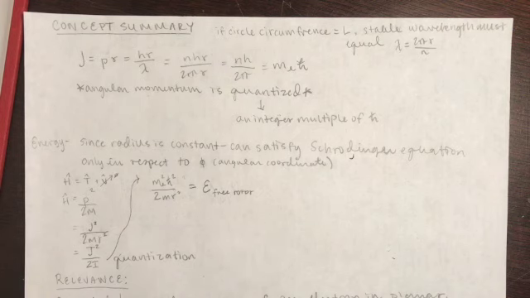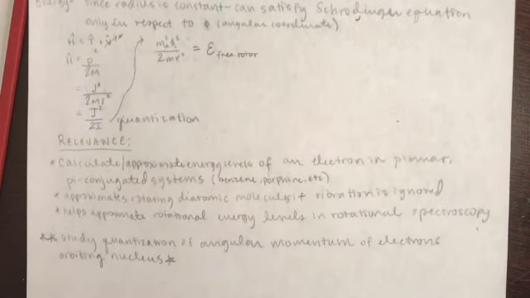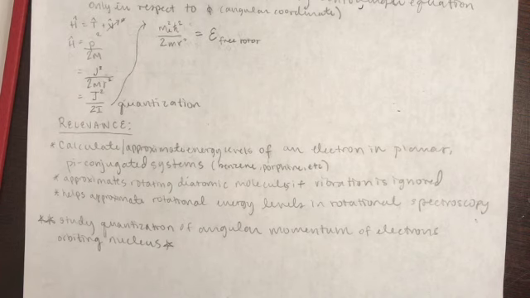This can also help us approximate rotational energy levels if we're looking at molecules in rotational spectroscopy. So the biggest thing here is we study the quantization of angular momentum of electrons orbiting the nucleus in order to better understand its movement and interactions in the molecule.